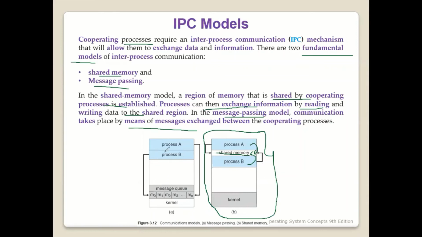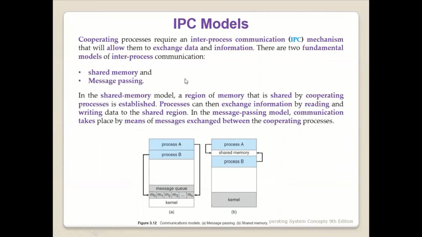Can you see here? Process A sends a message and process B also sends a message. In this way, communicating processes can share data or information and exchange data with each other.